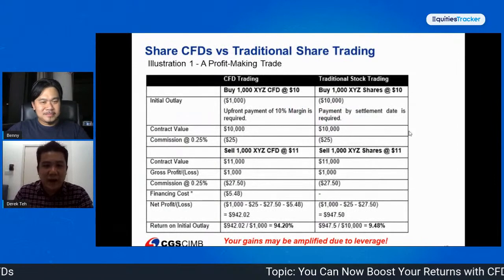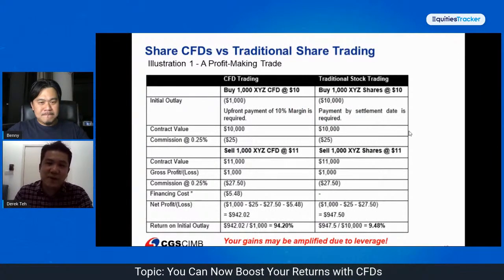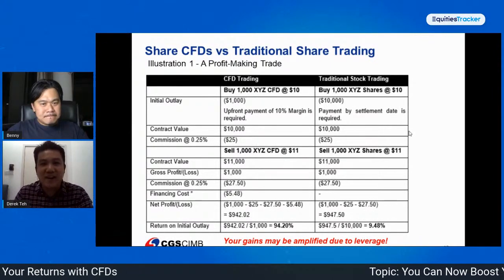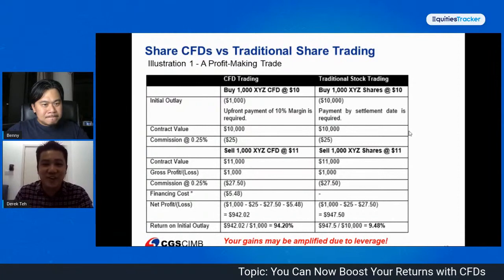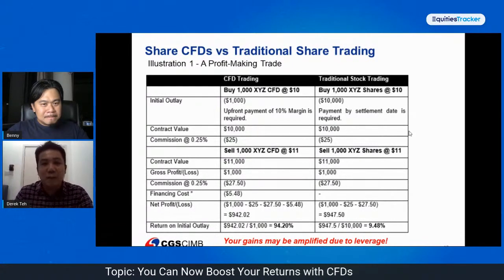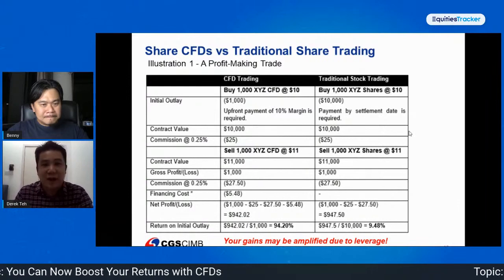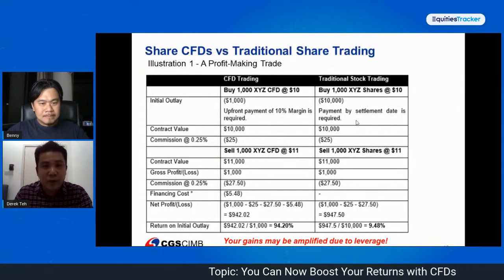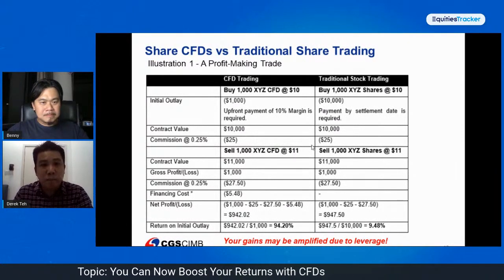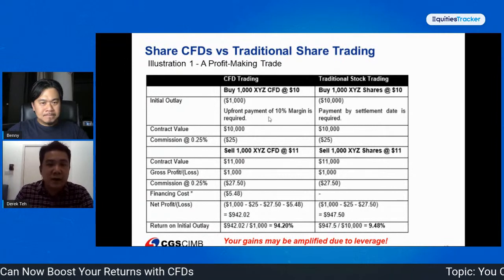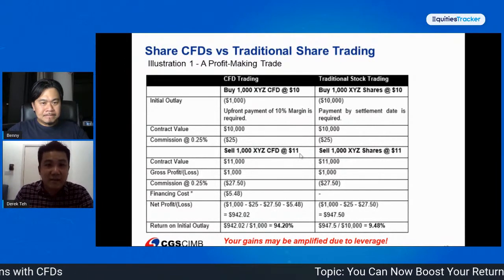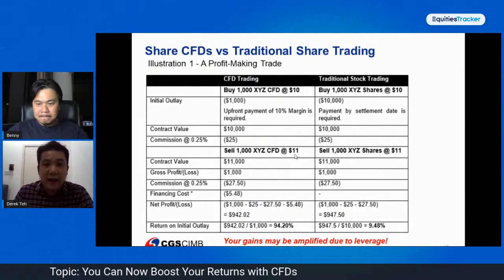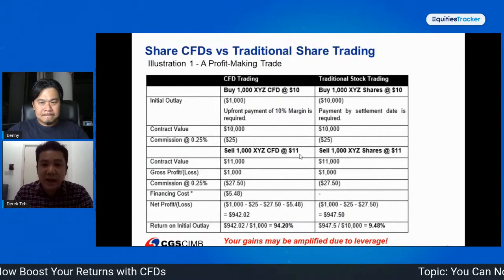Thank you. Actually, the example is what Benny mentioned just now, so I will skip on this. Benny made a very good conclusion on the margin part. But before I skip this, I will let you have a look. Let's say you have a 10% margin required. We buy the shares at 10, then the shares went up to 11.